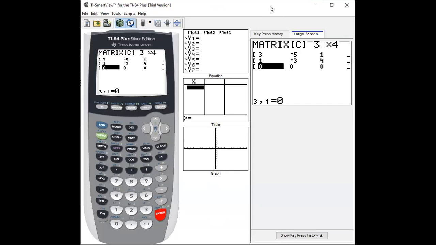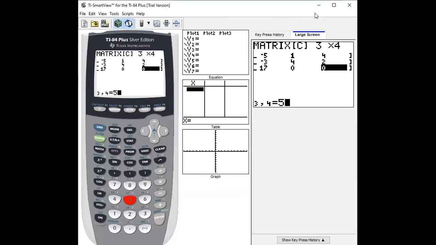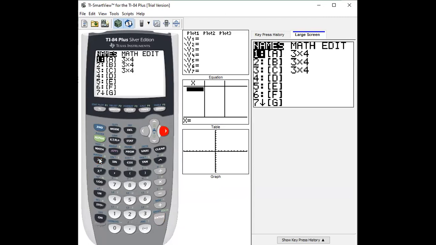And in our last row, we see negative 11 and 17. We don't have a Z, so we're just going to put 0 there. Remember, we have to have a placeholder there. So we'll leave 0 there. And that was equal to 5. So that's our matrix.